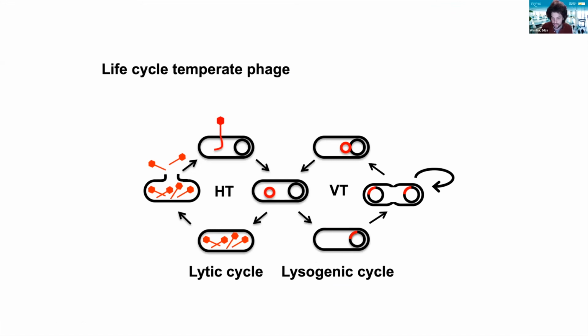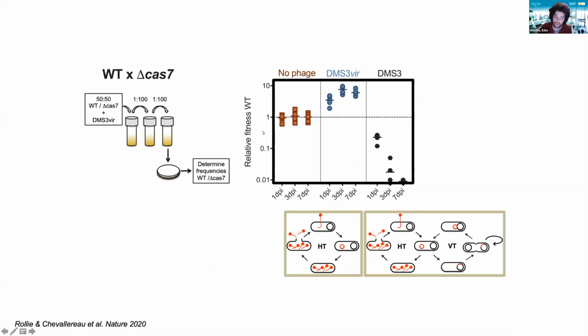It's not doing anything, just replicating along with the genome of the host and transmitting vertically from mother cell to daughter cell. This is very common for phages. And when they infected the bacteria with a phage that can enter into this lysogenic state, they observed that the wild type suddenly had a much lower fitness than the mutant. So it was decreasing in frequency.